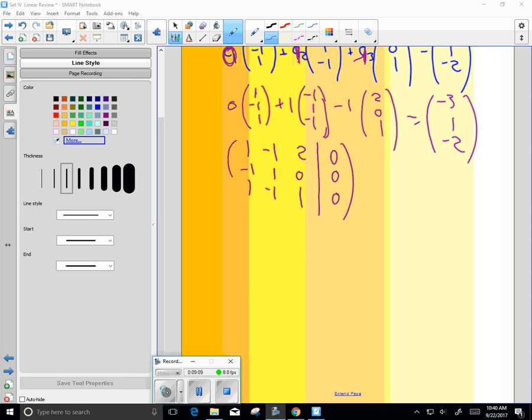Okay, and so if you did that, I got reduced row echelon form. If you do that, you should get 1, negative 1, 0, 1, negative 1, and you should get 0, 1, 0, 0, 1, and negative 1.